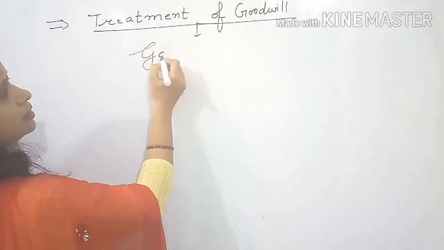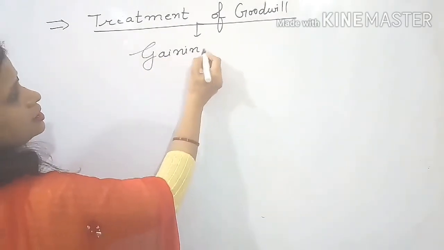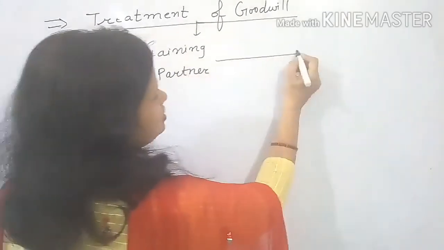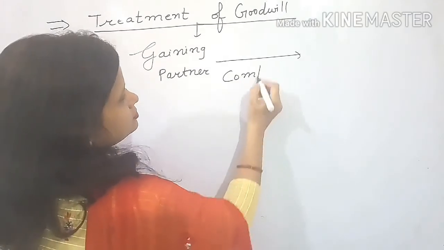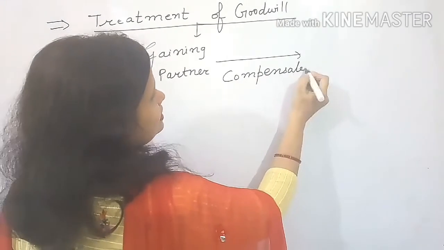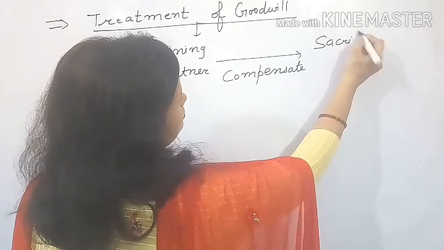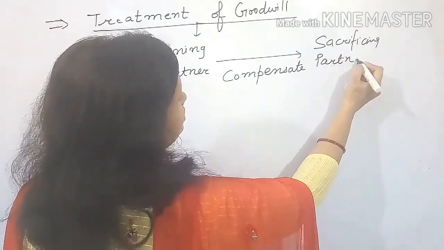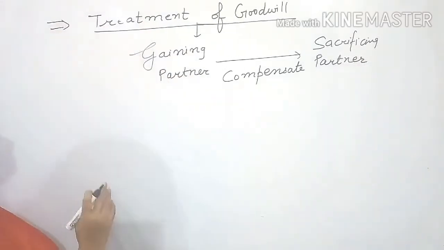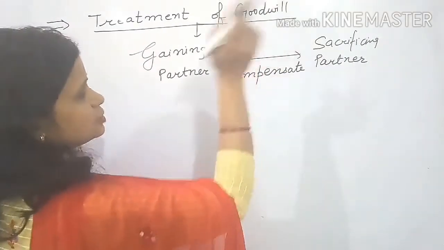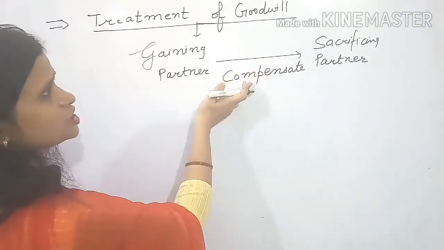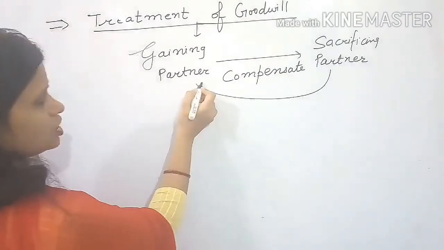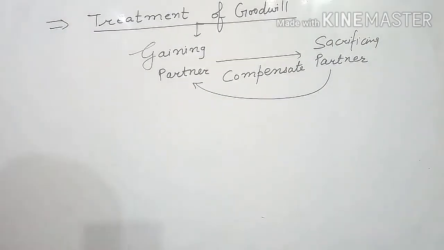The gaining partner will compensate the sacrificing partner. And why will he compensate? He will compensate the sacrificing partner for his share of goodwill that is now being transferred to the gaining partner.